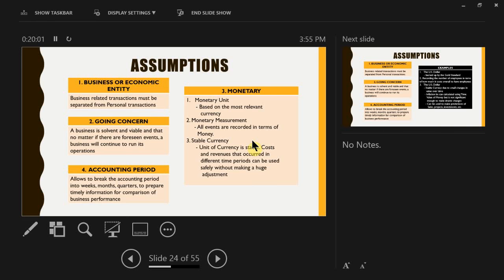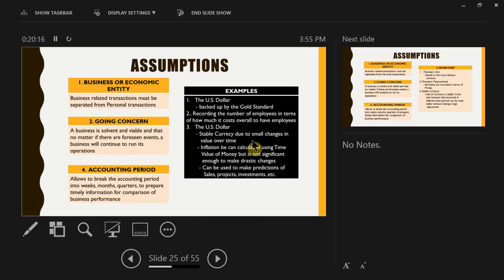Monetary assumption. It breaks down into three things, right? First is determining what kind of monetary unit you're using. So, of course, in America, what are we using? The US dollar, okay? If you are using foreign money or cryptocurrency, I believe cryptocurrency is technically a form of currency.